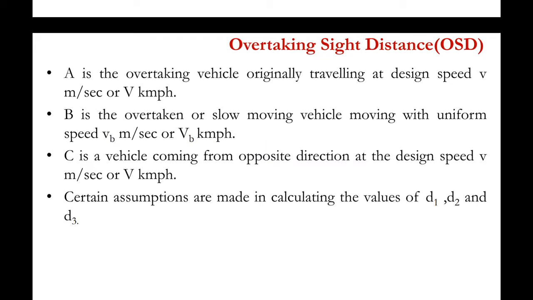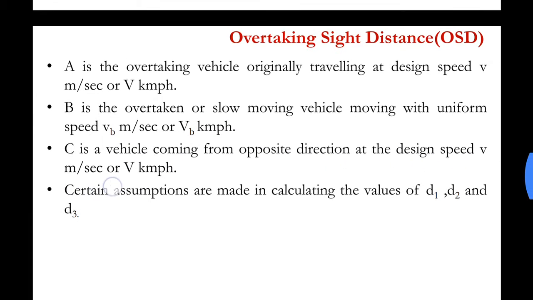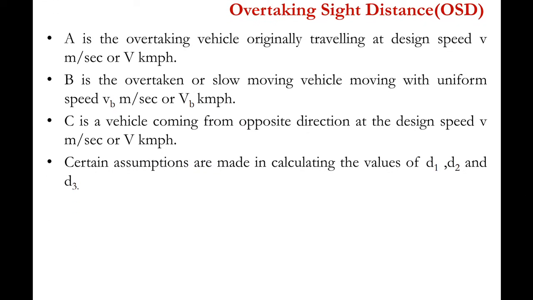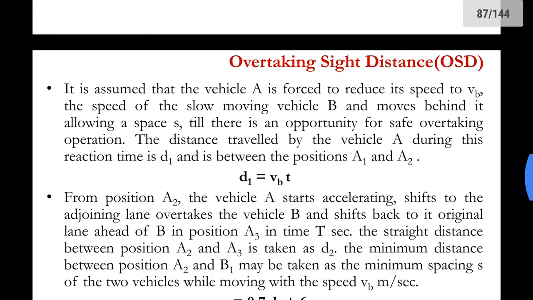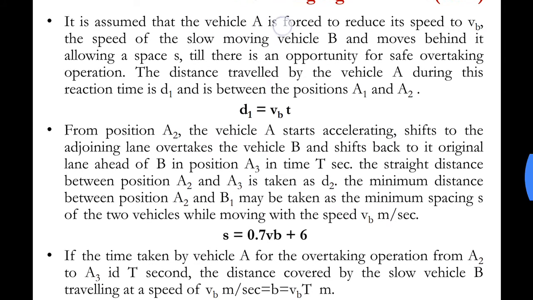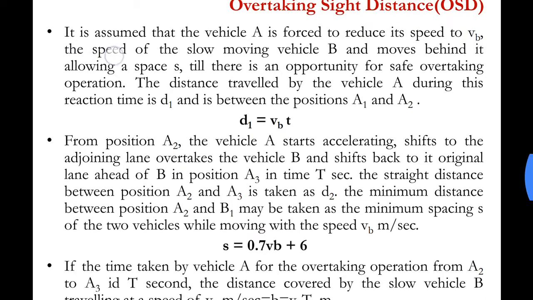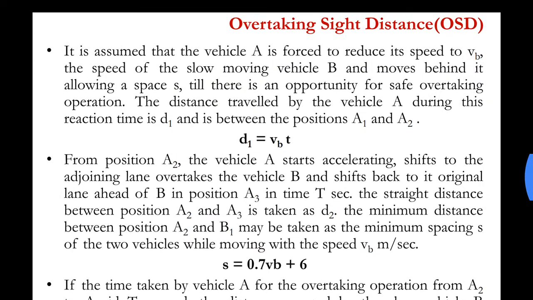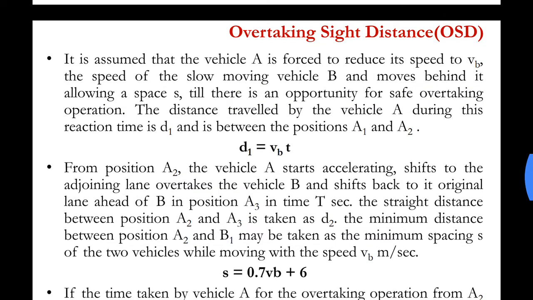C is a vehicle coming from the opposite direction at the design speed v in meters per second or capital V in kmph. Certain assumptions are made in calculating the values of d1, d2 and d3. Now let us look at those assumptions. It is assumed that vehicle A is forced to reduce its speed to Vb, the speed of the slow moving vehicle B, and moves behind it, allowing a space S till there is an opportunity for a safe overtaking operation.